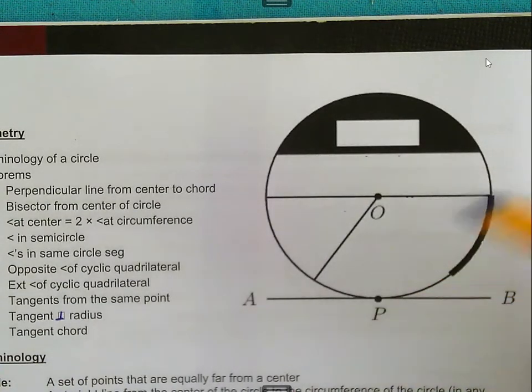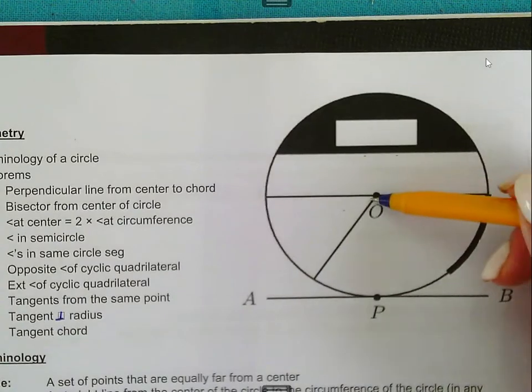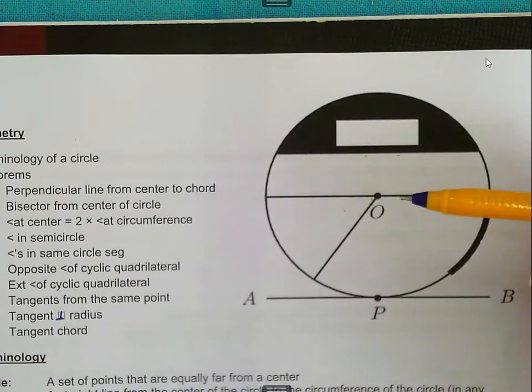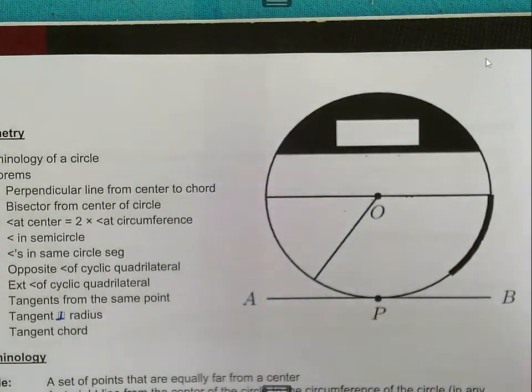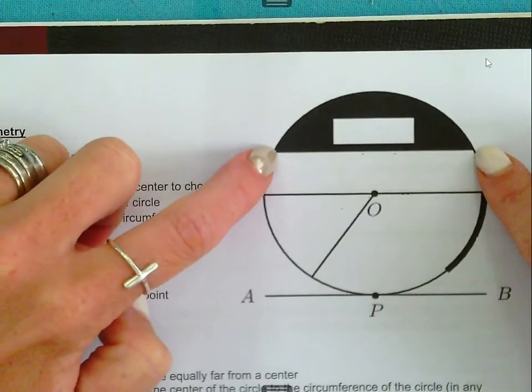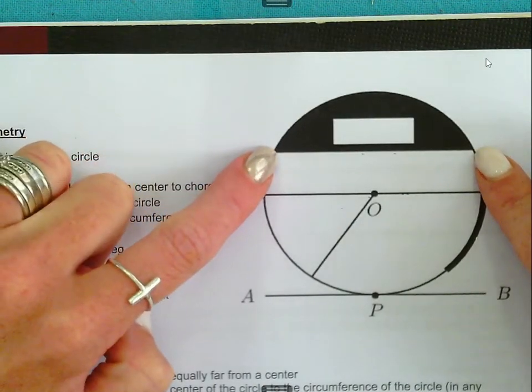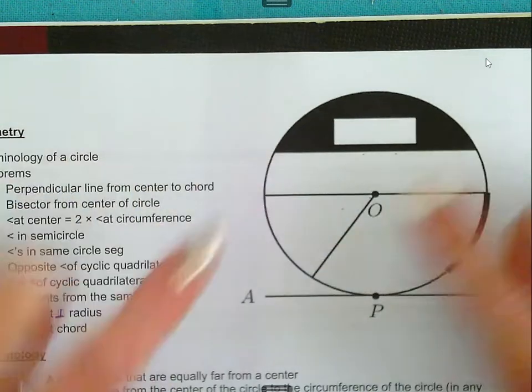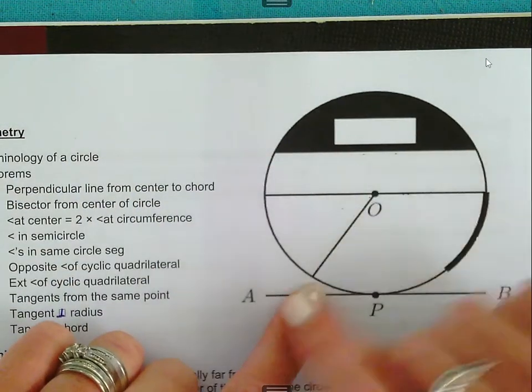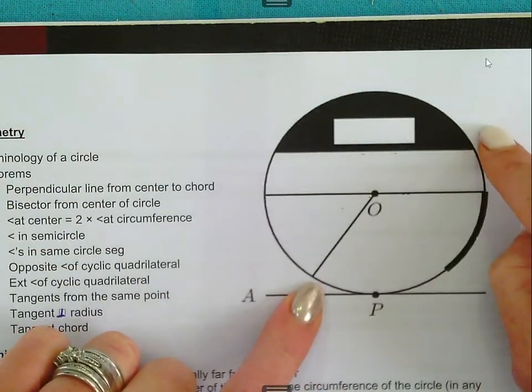It has an extra property. When the chord goes through the center, it's called a diameter. But the rest is just called a chord. Like that line from there to there, that's a chord. Does that make sense to you? That's not a chord, that's a radius, because it's not from circumference to circumference.